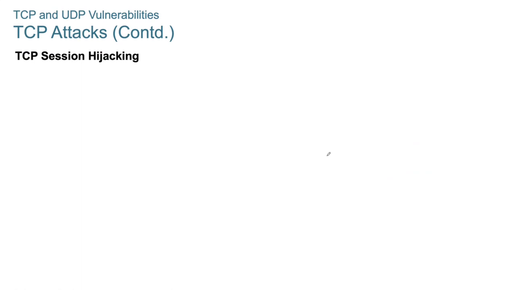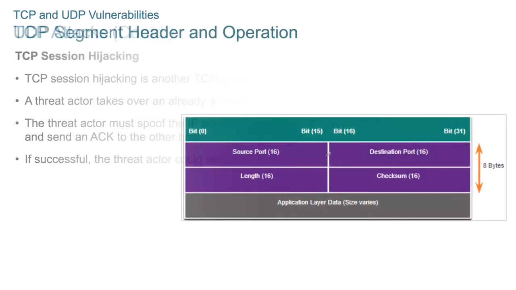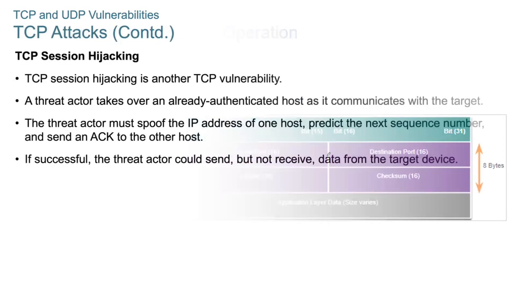The threat actor must spoof the IP address of one host, predict the next sequence number, and send an acknowledgement to the other host. If successful, the threat actor could send, but not receive, data from the targeted device. So this is another kind of vulnerability, TCP session hijacking.